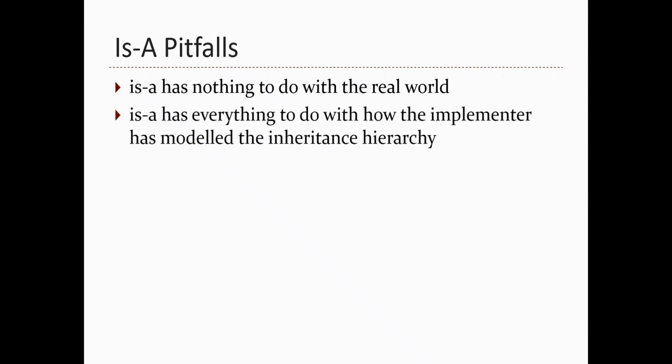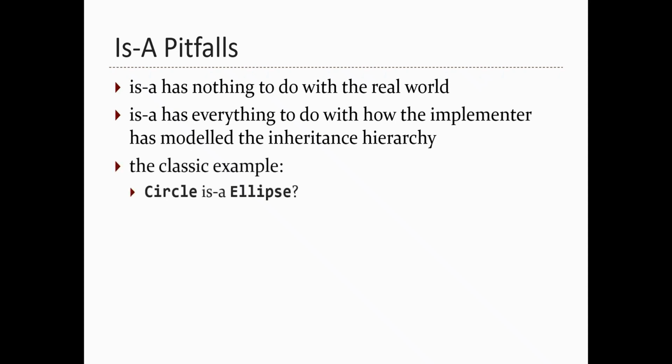And it has everything to do with how the programmer has decided to model their inheritance hierarchy. So what it really means is the programmer creates a superclass, they decide on what the contracts of the superclass methods are, and it's those contracts that define what you can safely do when you inherit from the superclass.